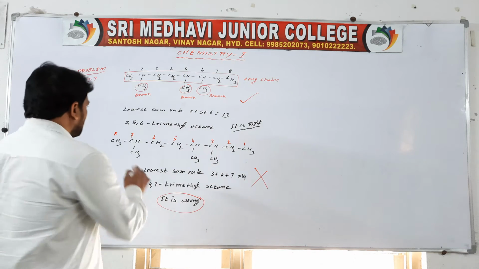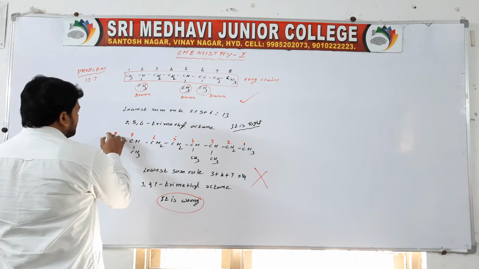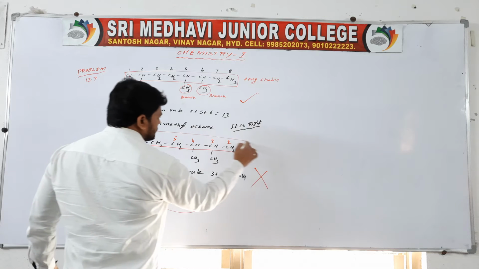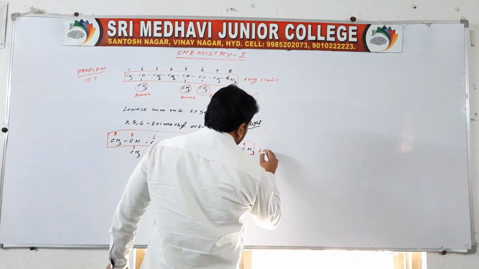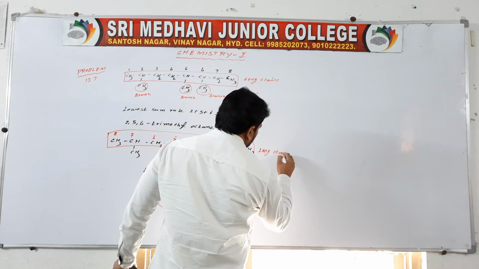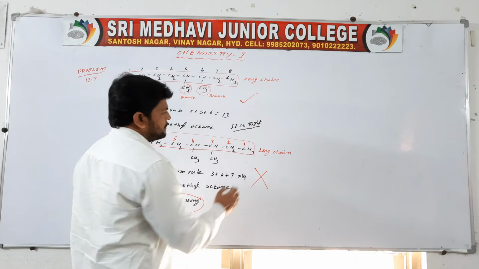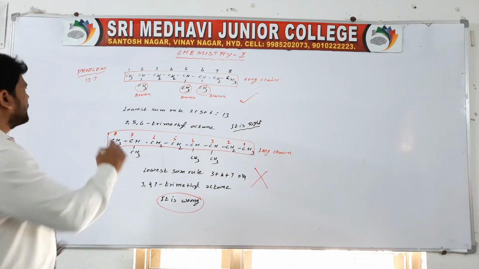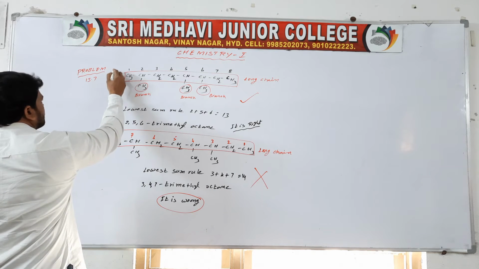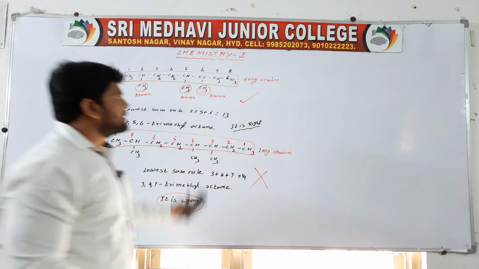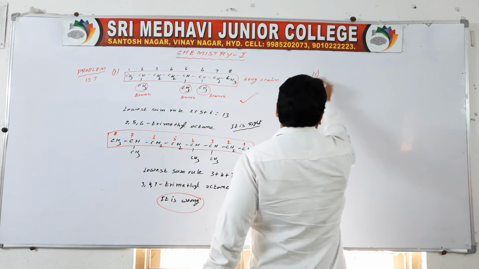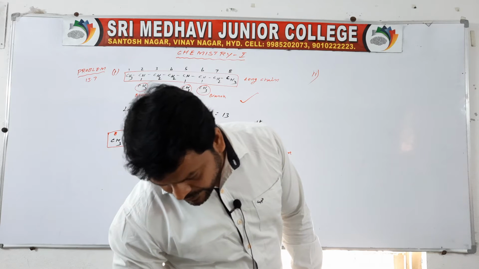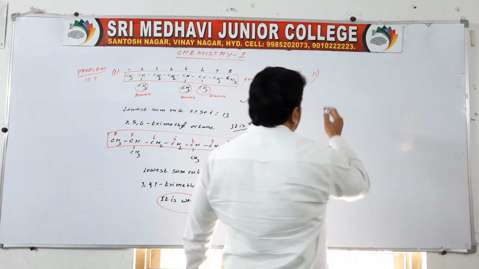It is the long chain. Here the chain has 1, 2, 3, 4, 5, 6, 7 carbons.